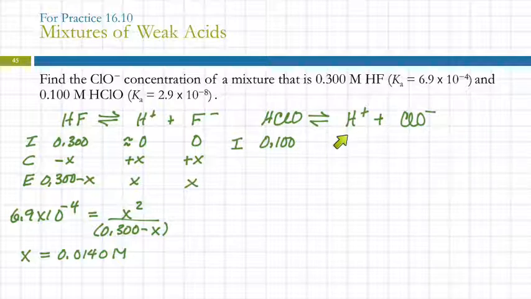Now, instead of saying that the hydrogen ion concentration is initially essentially 0, we're going to look at the contribution from the stronger acid, because the stronger acid is putting out this. So I'm going to put that in there, 0.0140, and our concentration of hypochlorite is 0. Do you see why I put this number in there?